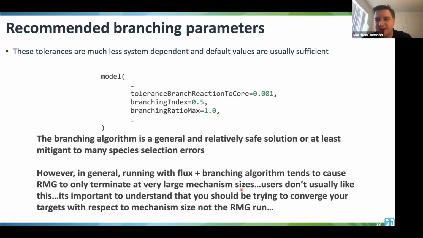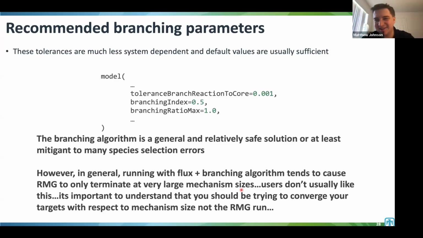Terminating to a specific rate ratio does not end up being very physically meaningful. What you really want to care about is trying to converge what you're trying to predict with respect to mechanism size, not making sure your RMG run terminates.